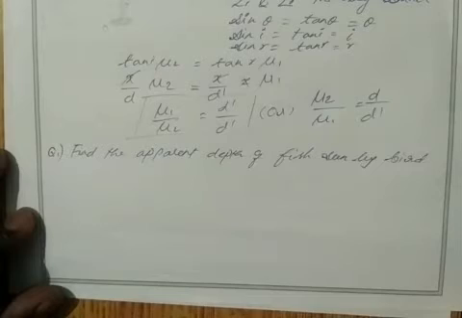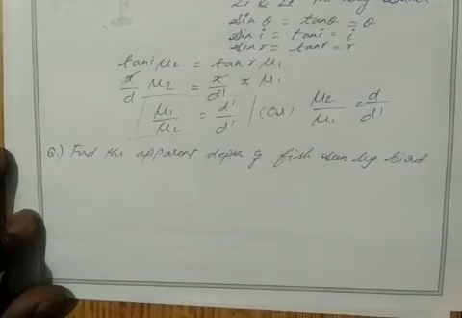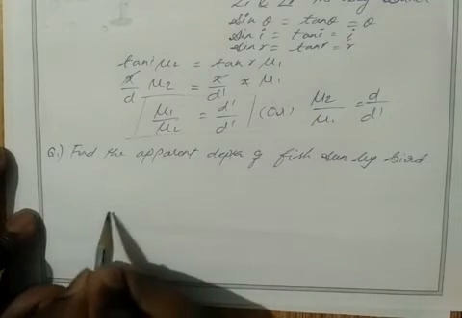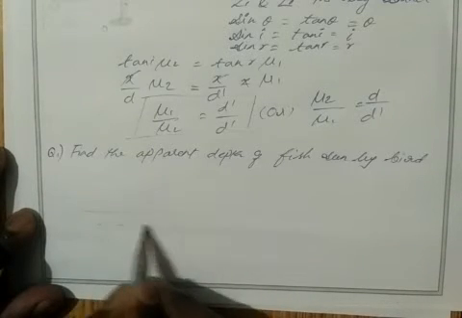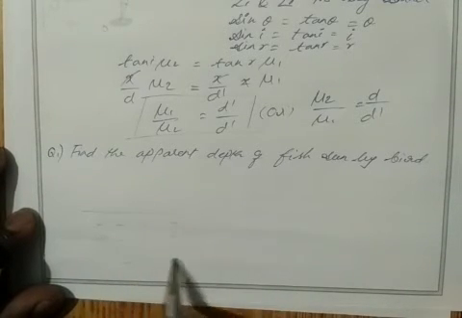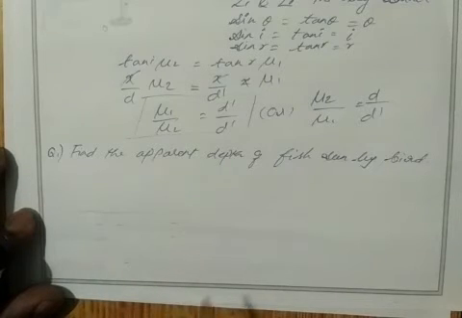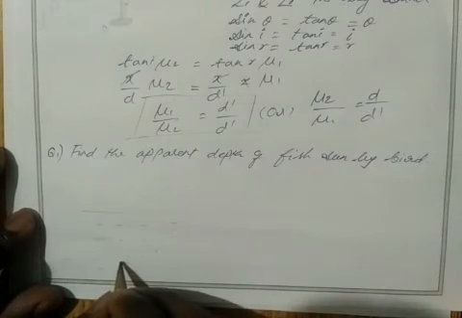Note the question: find the apparent depth of fish seen by bird. So we have water, and a fish is inside the water.